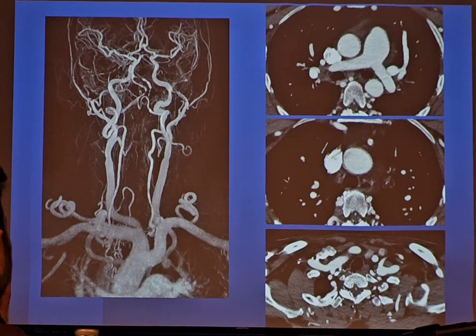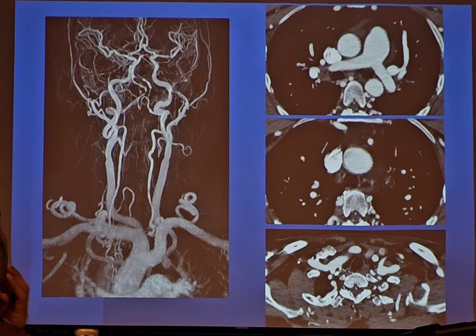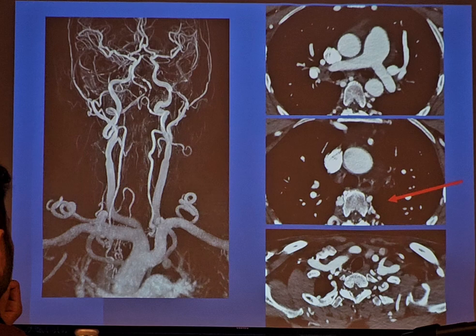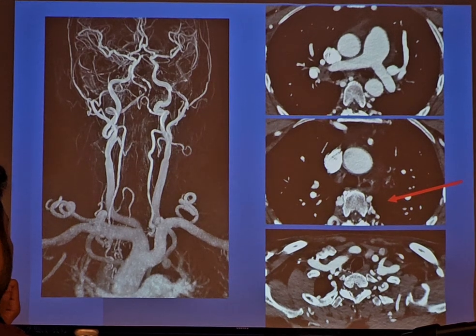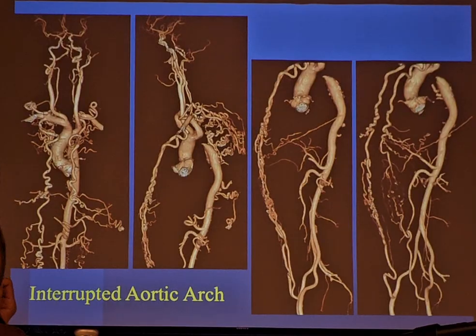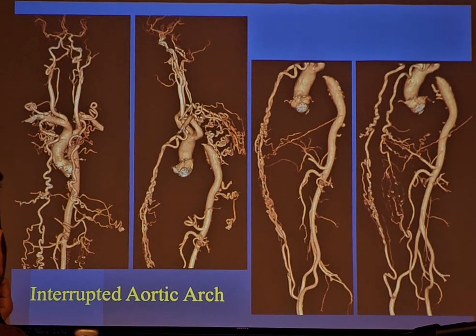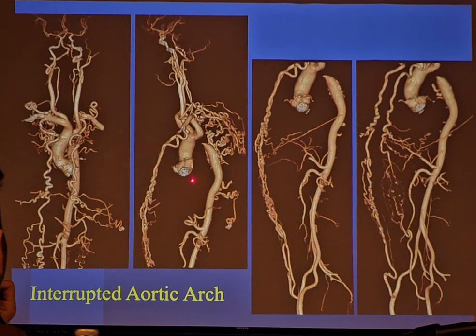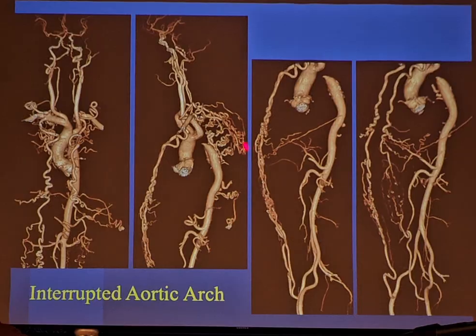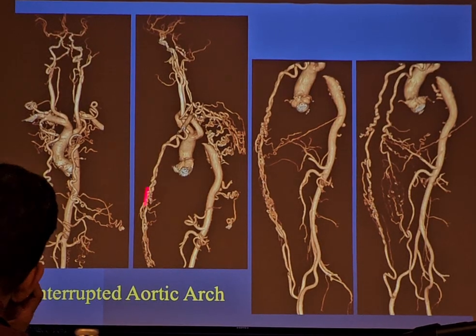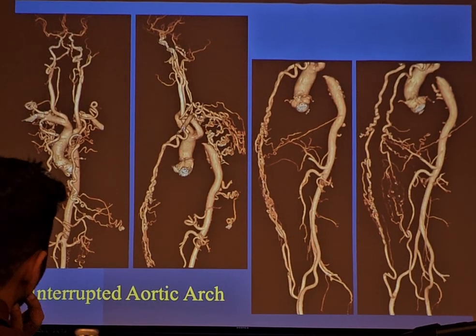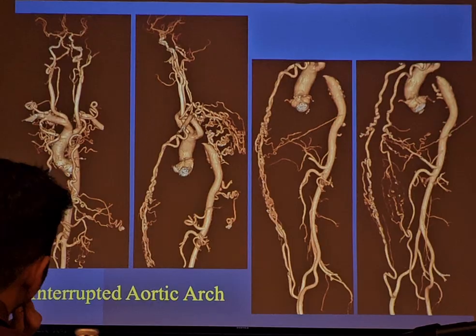There are a lot of vessels around the neck. This is interrupted aortic arch. Usually with interrupted aortic arch, the child does not survive, but this patient had extensive collaterals to the descending aorta, and that's why he was able to survive.